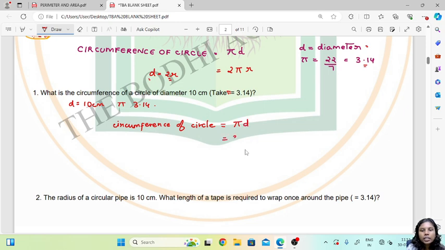So that is pi is 3.14 into its diameter. So that will be, if we shift this, around 31.4 centimeter. So the circumference of the circle is 31.4 centimeter in the first case.